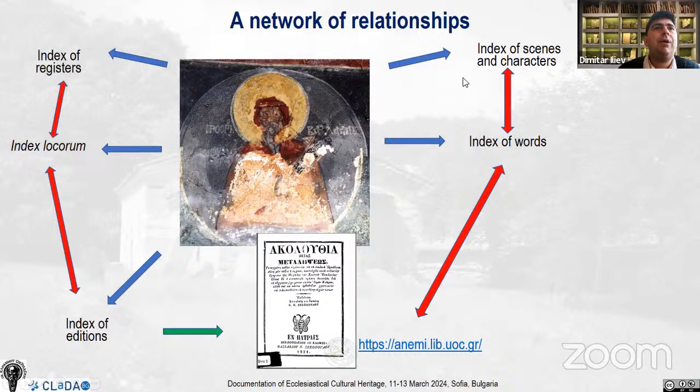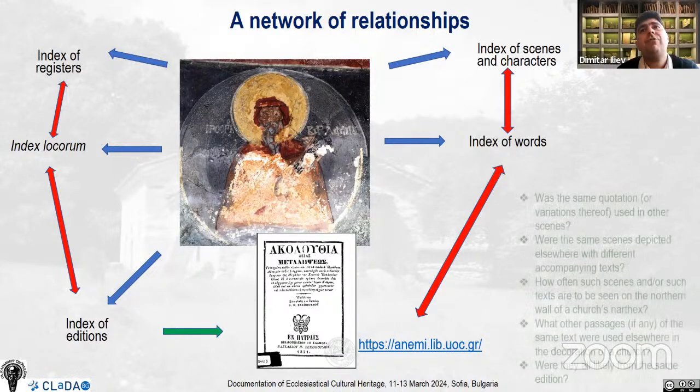We can find where the particular character stands in this index of scenes and characters in our iconographical index, where our quotation stands in the index locorum, where our image stands in the index of registers, and if the particular locus can be found in some of the editions from the period contemporary to the painter.